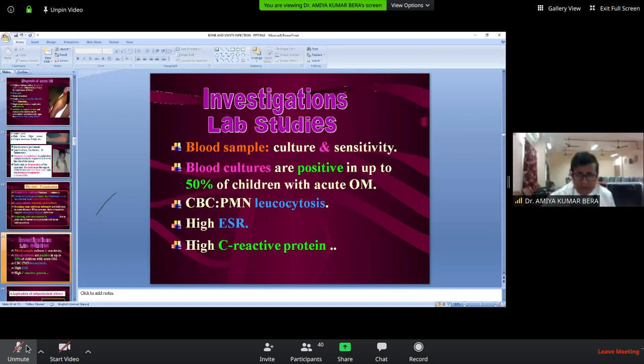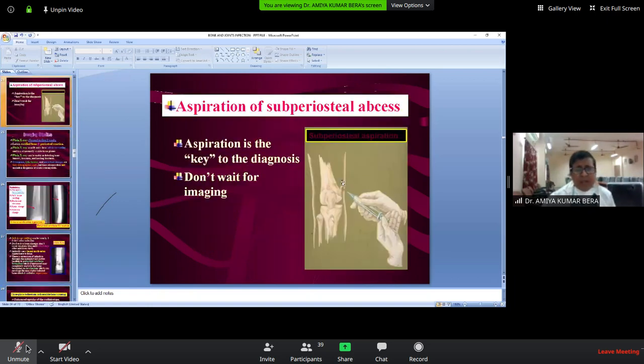If there is fever, PMN is increased, ESR is increased, and CRP is high, you label it as osteomyelitis, 99% chance. And if you aspirate it, you can identify the pathogen, and that's the next step in diagnosis.